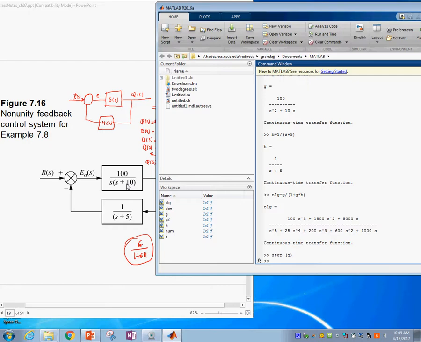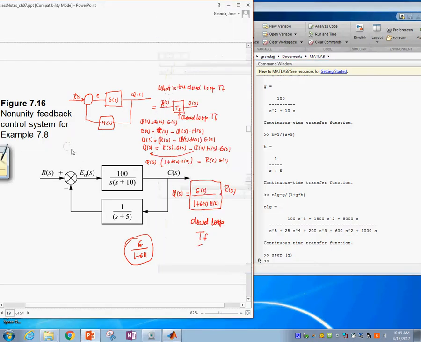Let's just do it, because that way it illustrates this concept of an overall transfer function. What I'm trying to say is, right here in the forward loop, I am going to put the, let's see, I'm going to enter it here.